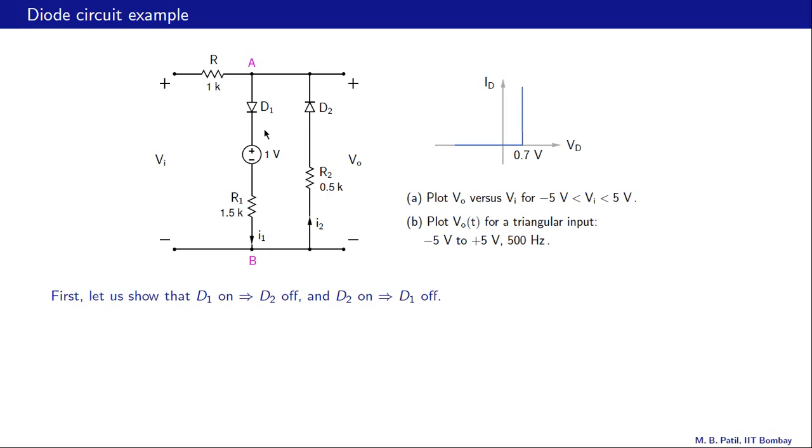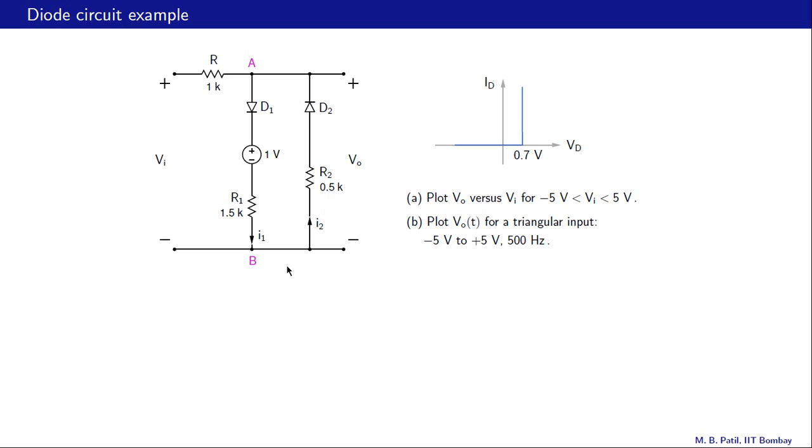So the voltage difference between A and B, that is VA minus VB or VAB, must be greater than 0.7 plus 1, that is 1.7 volts, because this voltage drop can only be positive. Okay, so what it means is that for D1 to conduct, we must have VAB greater than 1.7 volts.